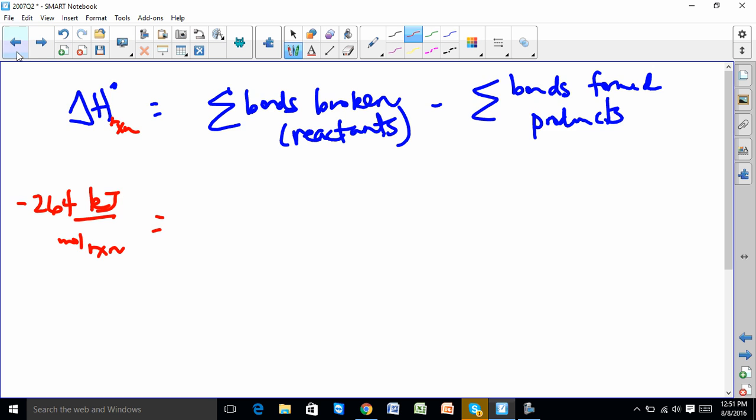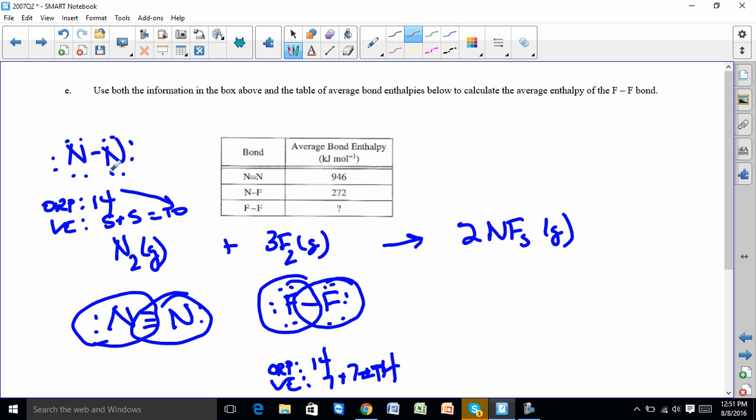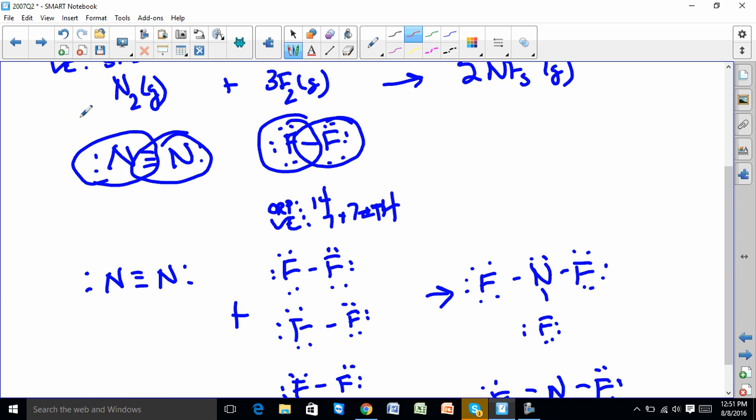Okay, now going back. 1 nitrogen-nitrogen triple bond is broken. Again, they're not using the new notation because that didn't come up till 2014, and this is 2007, but I'm introducing it. So the nitrogen-nitrogen triple bond is broken, and 3 fluorine-fluorine bonds are broken.